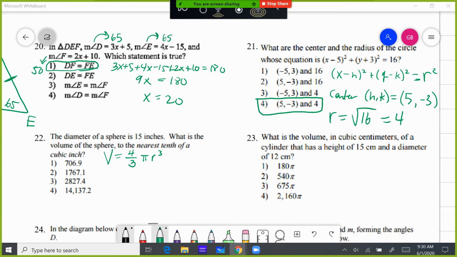Just want to verify that. Yes. Okay, so we need the radius, but we're given the diameter, so half of that is the radius. Just read the problem carefully.